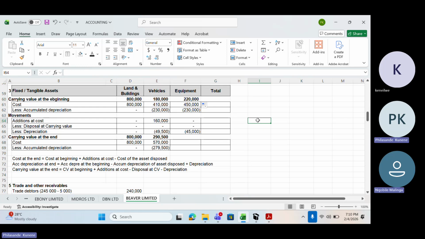Okay, you see here we have formulas here.